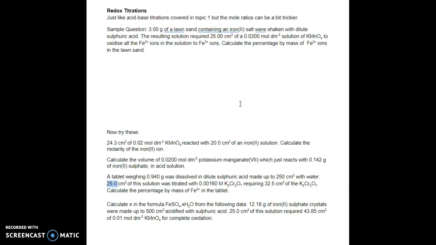It's a little bit complicated, and I'll go through that redox titration with you next time. But today's work, and it should keep you quiet for a fair bit of the lesson, is actually to go through all of these sample questions.